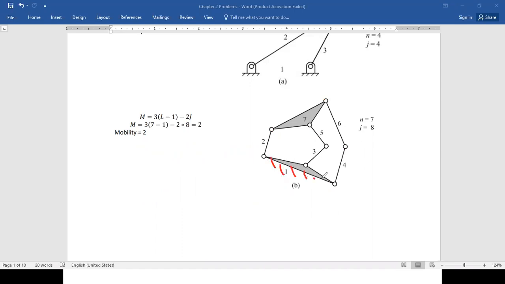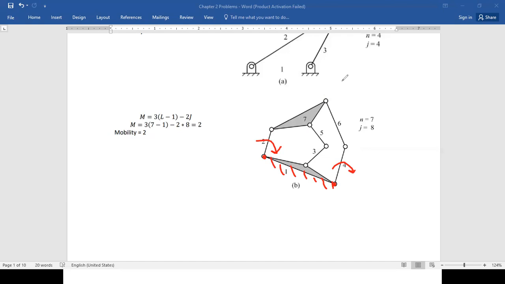Then to control the system, you need 2 actuators. You can put 1 motor at this level to control the rotation of this link, and 1 other motor here to control the rotation of this link. In this way, you will be able to control the position of all of your links. Once you impose these 2 inputs, you can then impose the output you desire.